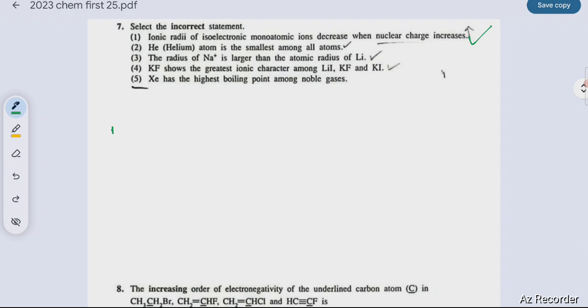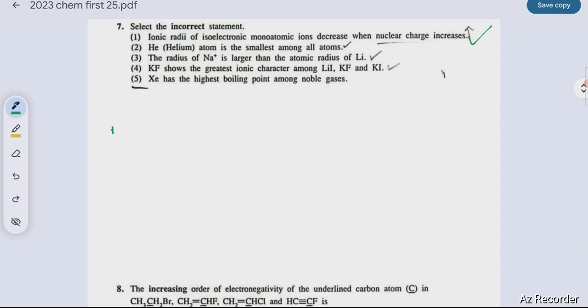Therefore, the electrons tend to shift more towards the nucleus, so they will be contracted towards the nucleus. So what happens to the radius then? The radius decreases, because the energy levels are shifted towards the nucleus. Therefore, the ionic radii decrease when nuclear charge increases.